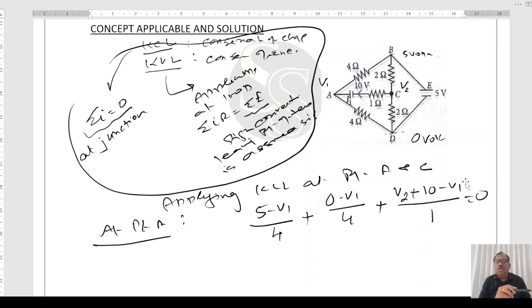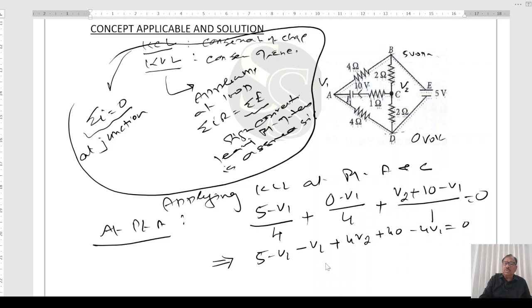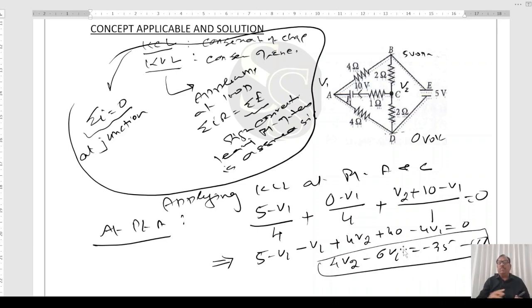Summation I equal to 0, or sum of incoming currents equal to sum of outgoing currents. On simplification, we get 5 minus V1 plus 4V2 plus 40 minus 4V1 equal to 0. So this comes out to be 4V2 minus 6V1 equal to minus 35. This is equation 1.